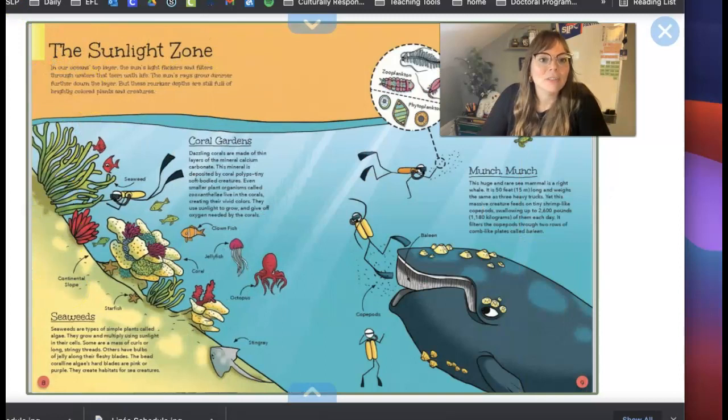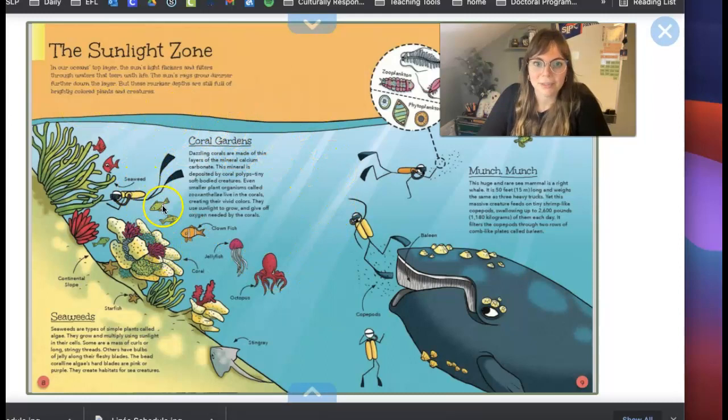In our ocean's top layer, the sun's light flickers and flutters through the waters that teem with life. The sun's rays grow dimmer further down the layer. But these murkier depths are still full of brightly colored plants and creatures.